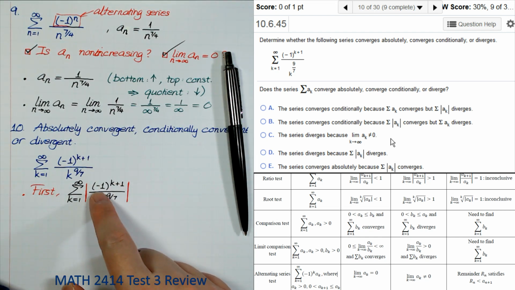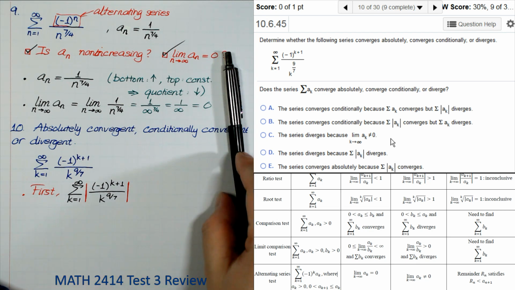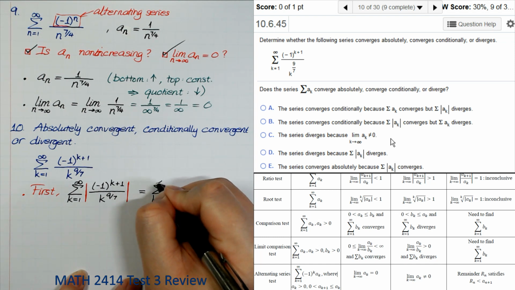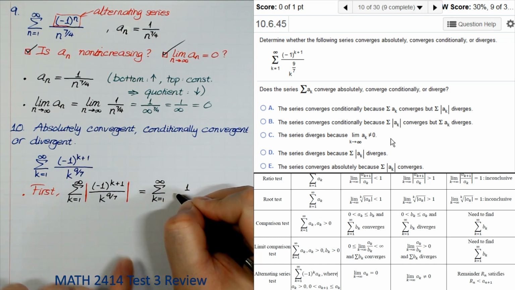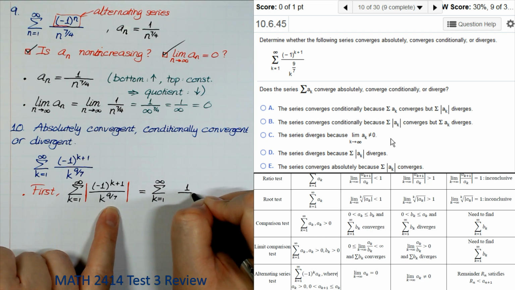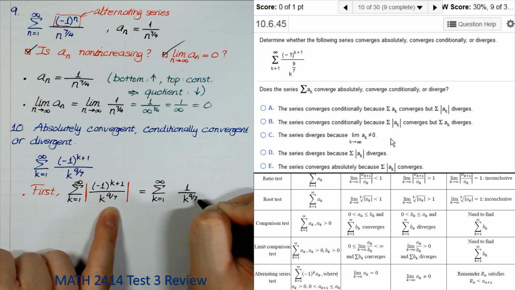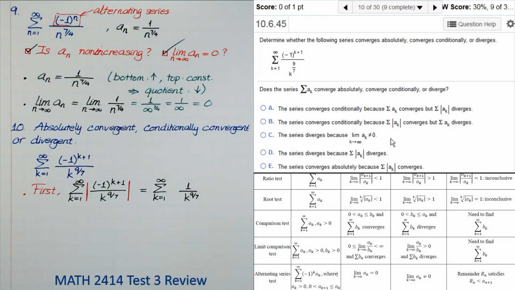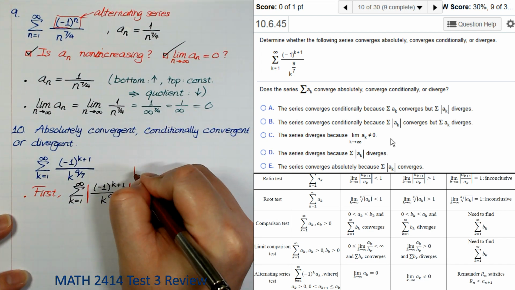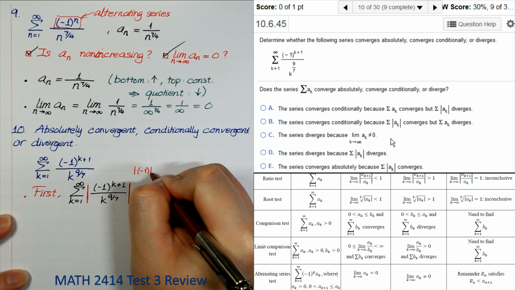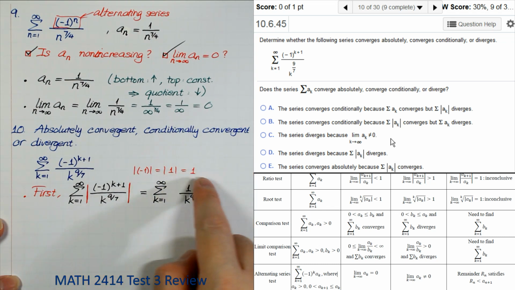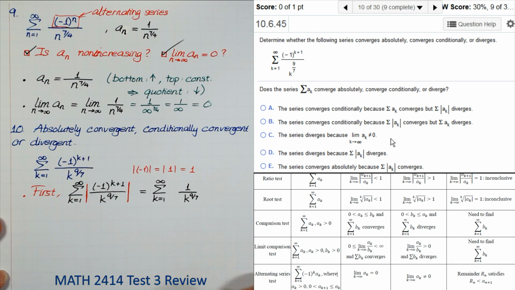This one is positive or negative, positive 1 or negative 1, but with absolute values, it's just 1. The bottom, k, is positive. So when we put absolute values in, the absolute value of negative 1 is the same as the absolute value of 1, just 1. The top is just 1. The bottom is always positive.